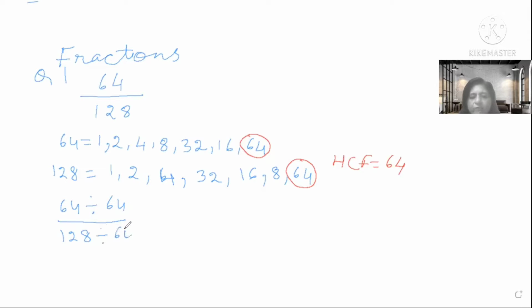So here we go. 64 divided by 64 and 128 divided by 64. So 64 divided by 64 we get 1 upon 128 divided by 64, we get 2. So the simplest form is 1 by 2, or the lowest form.